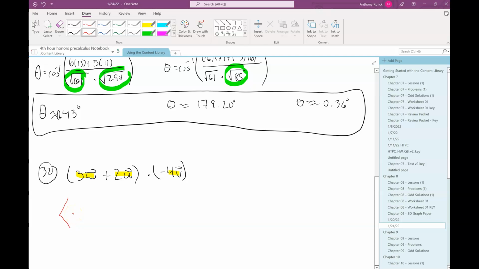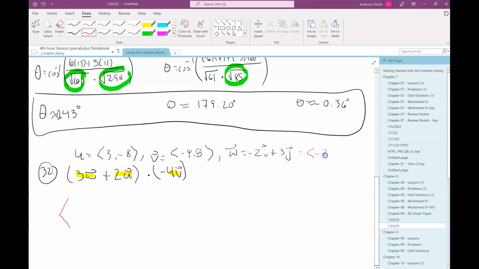So W, I guess we should write that down, huh? U is 3, -8. V is -4, 5. and W is negative 2I plus 3J.